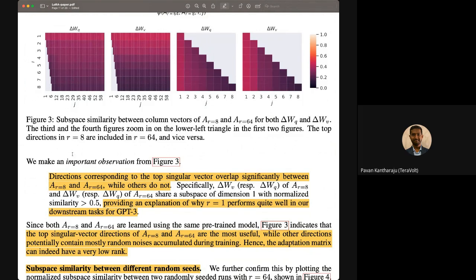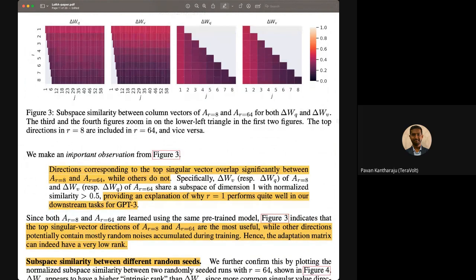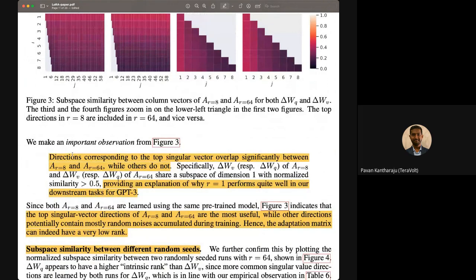And according to the paper, it looks like the other ranks have mostly random noise. So that's where they conclude you can have a very low rank with these adaptation matrices.